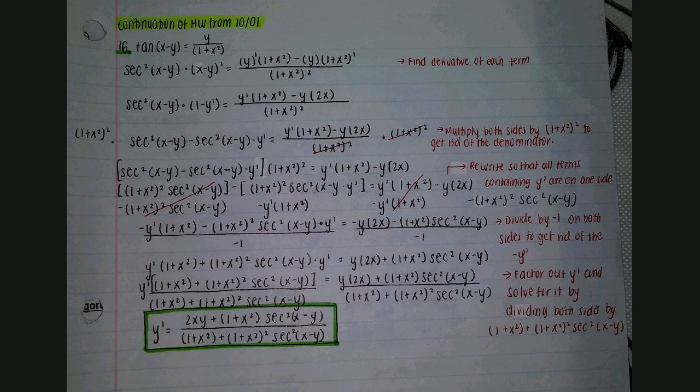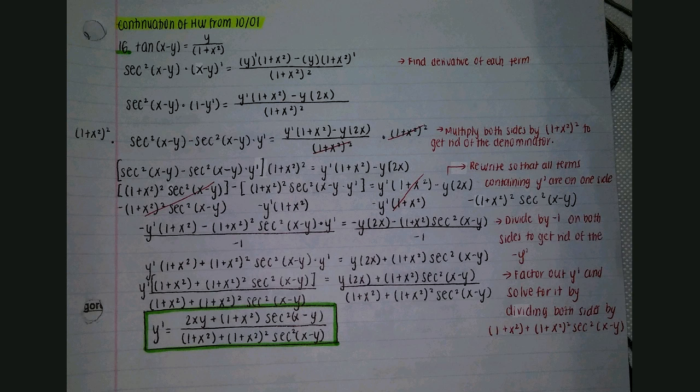And then from there, I multiplied both sides by 1 plus x squared, squared to cancel out the denominator, so that I would have one long expression to work with. From then, I rewrote it so that all terms containing y prime were on one side and the other terms were on the other side, so that I could divide both sides to get y prime on its own. And then there was a point where I divided the whole expression by -1 so that I could get a positive y prime.